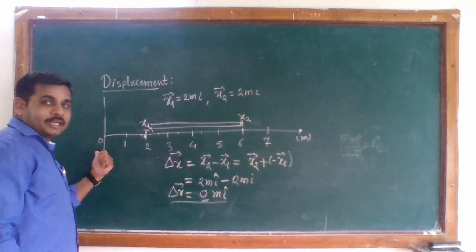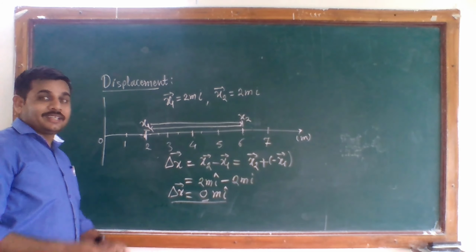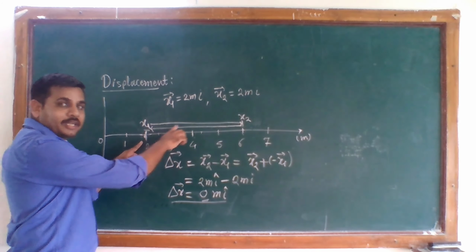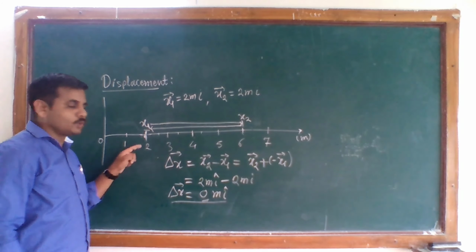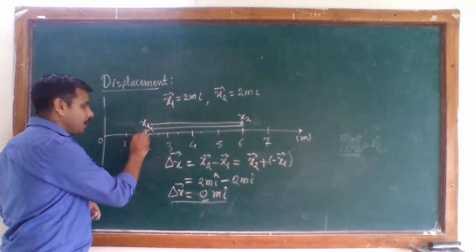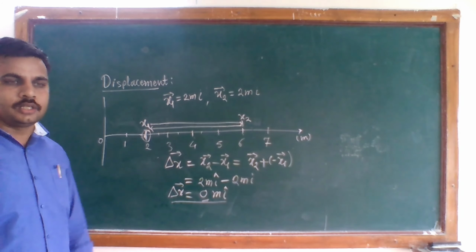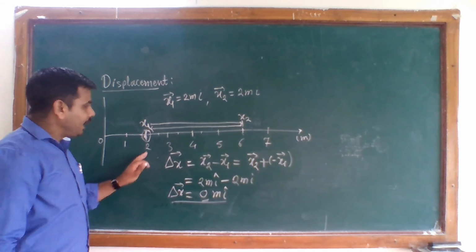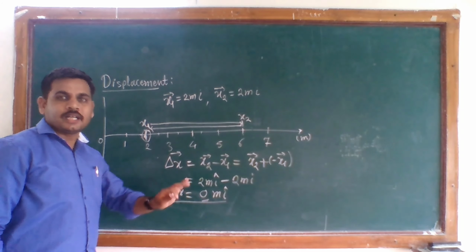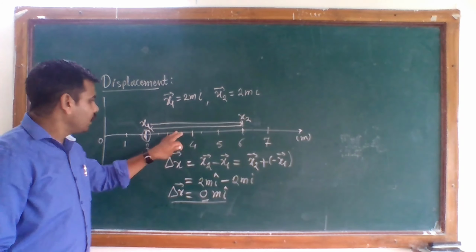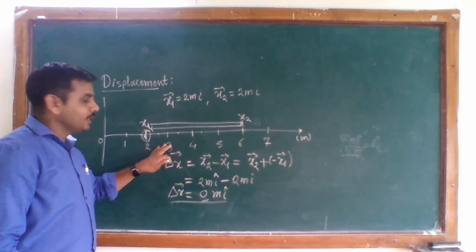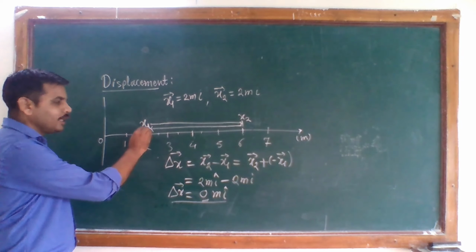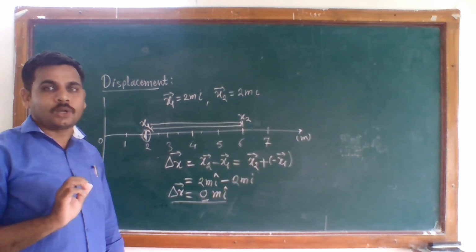And in the third case, your initial position is x1. Here it is actually a round journey, so your initial as well as final position is x1. So in displacement, the path the particle takes in between is immaterial. We are not considering these in-between distances. We just consider the initial and final position of that object.